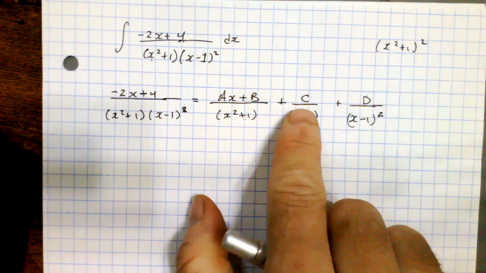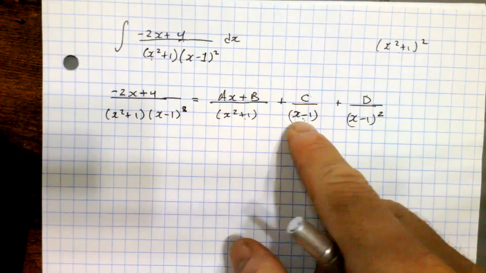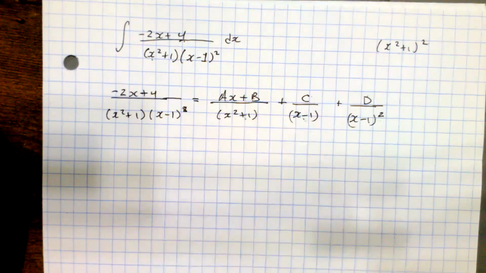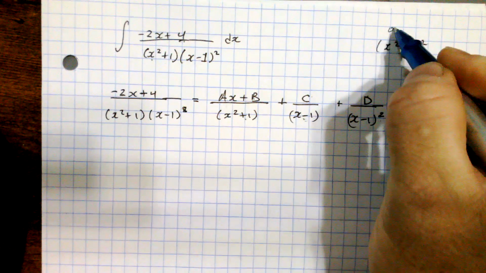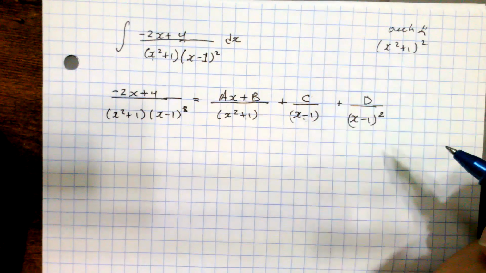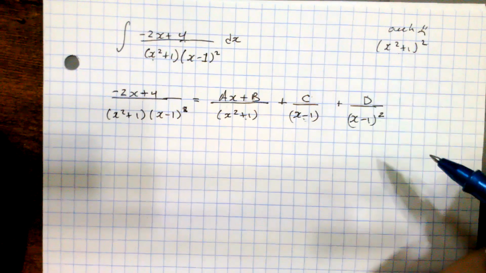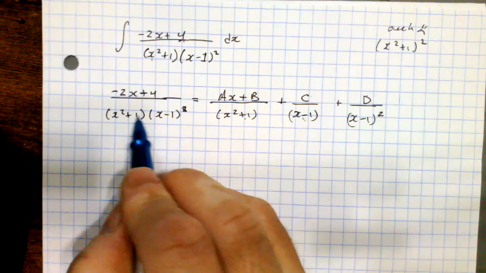So it just repeats. So it'd be Cx plus D over x squared plus 1 quantity squared, and then a factor like this. So I hope that makes sense, but that's how you'd handle something like this, which would be like, ouch, if you got that. There may be other methods that you could utilize instead of doing partial fractions in that one. Okay. Anyways, we're going to multiply everything through by this product here.